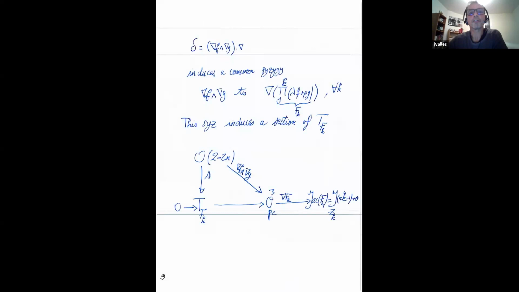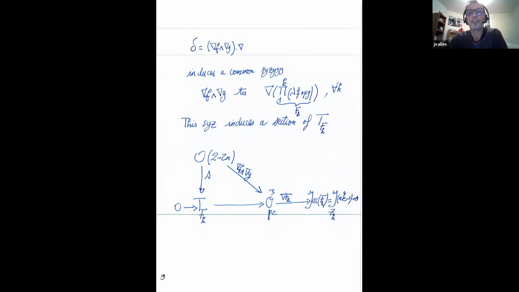Such a derivation gives a syzygy common to all the Jacobian maps. The syzygy is nabla F wedge nabla G, whose polynomial entries are orthogonal to the derivation of any product.